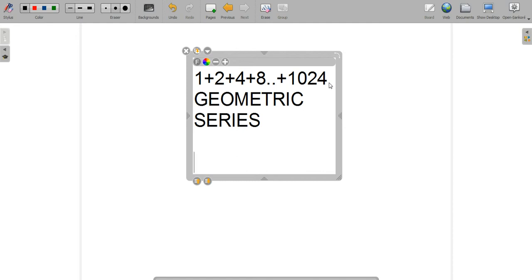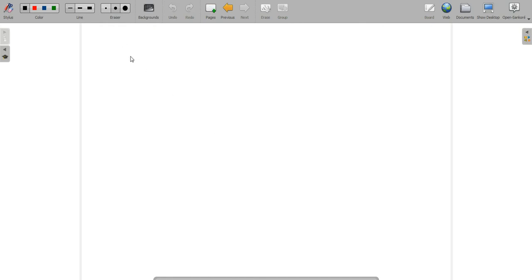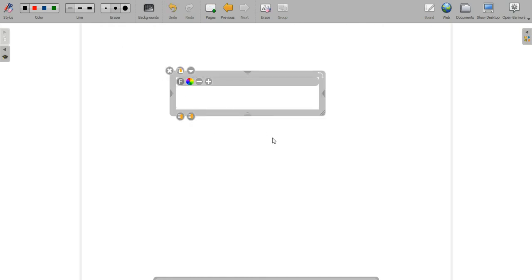Okay. Now we can actually figure this out easily as well. So let's do this. It's basically just one number being raised to different powers. So let's represent that number as r. r raised to the 0 plus r raised to the 1 plus r raised to the 2 dot dot dot plus r raised to the n.